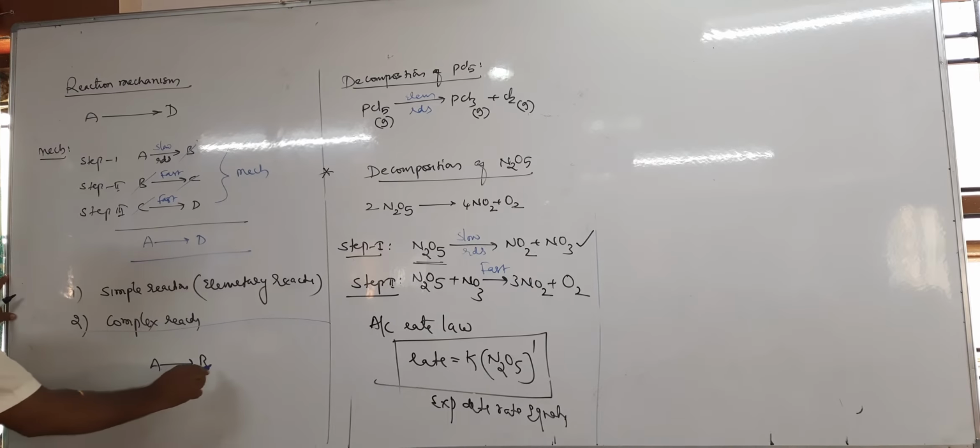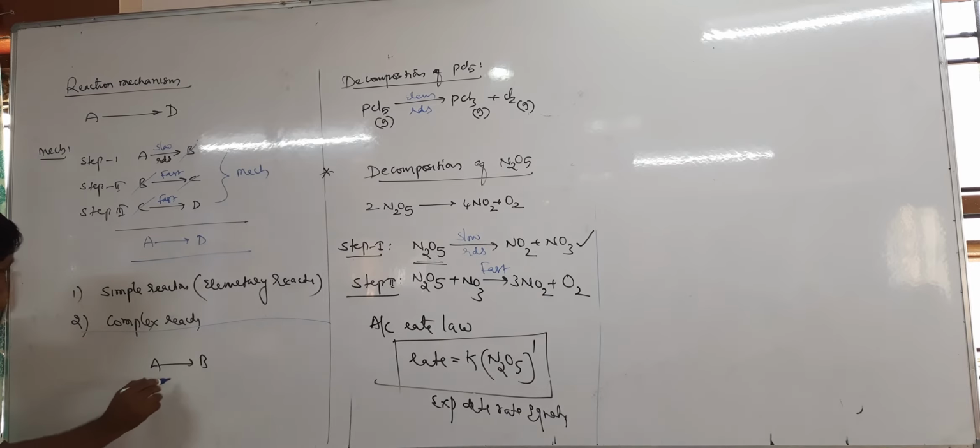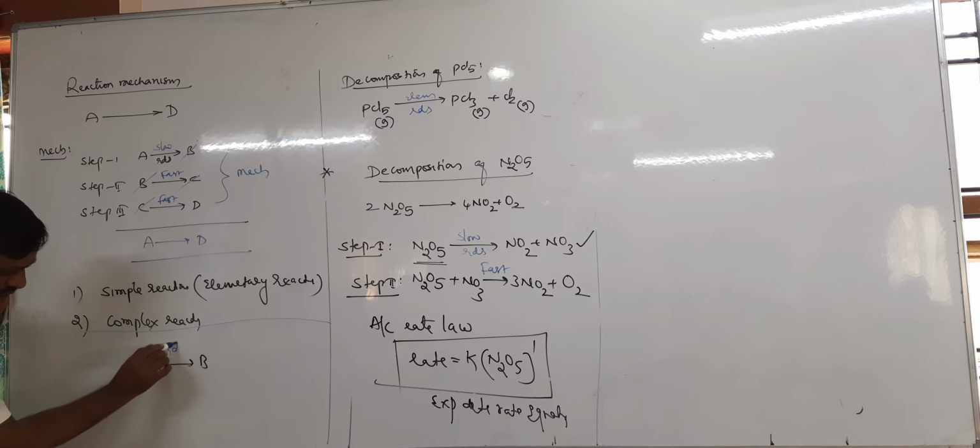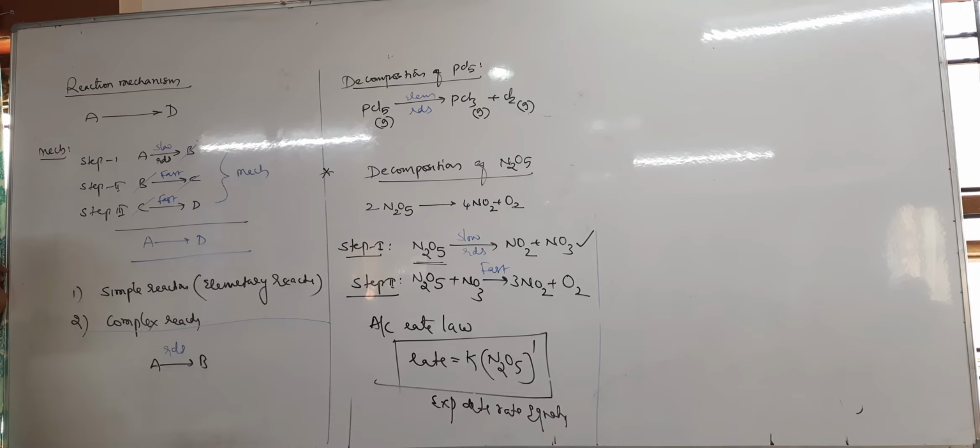Take this A to B. It is a single step now. Since it is a single step, this step itself is the RDS. Therefore, for all elementary reactions, the single step itself is the RDS.